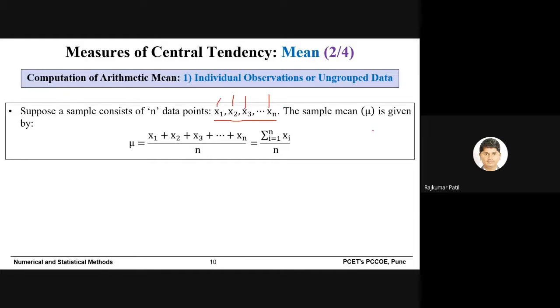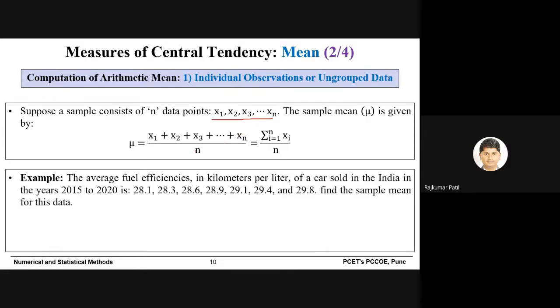Then the sample mean, that is mu, is calculated by the ratio of the sum of all the individual observations divided by the total number of observations. So (x1 + x2 + x3 + ... + xn) divided by n. In simplified version, it is summation i equals 1 to n of xi upon n. This formula can be used to calculate the arithmetic mean when we have individual observations.